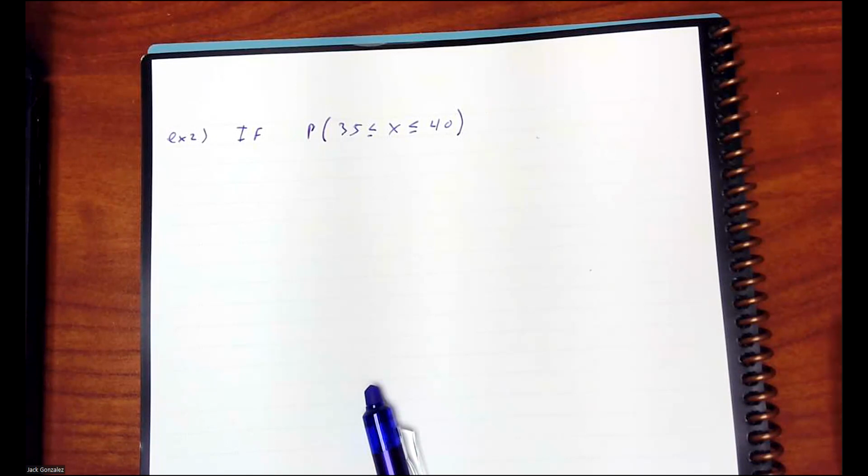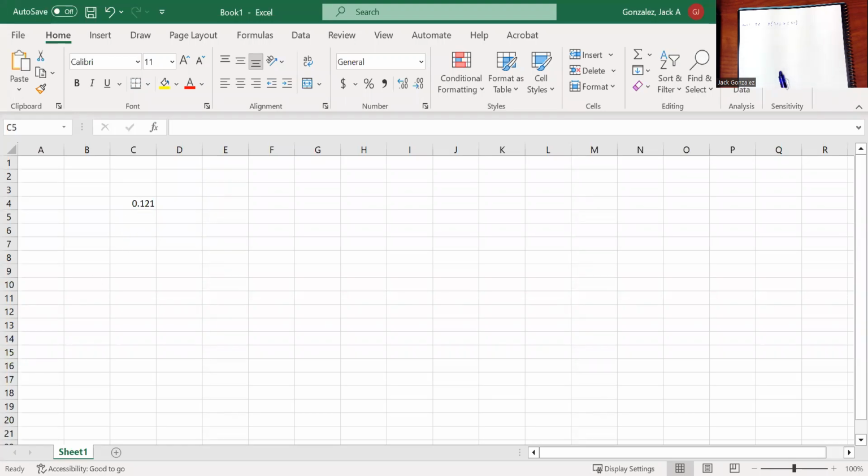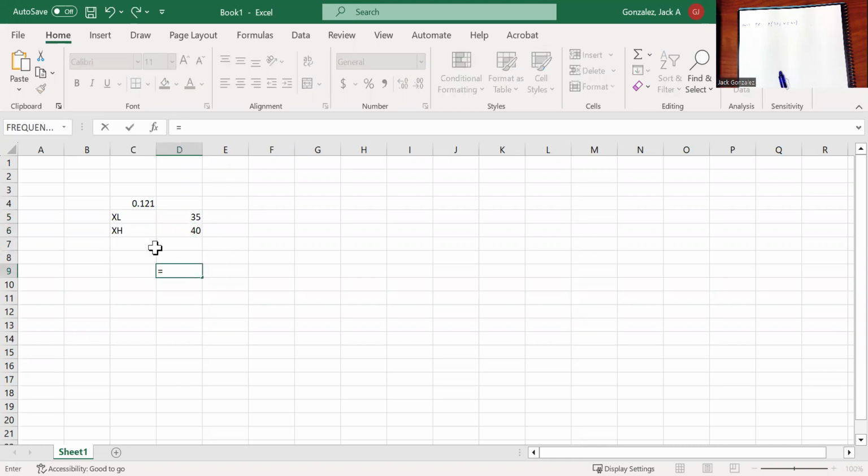Okay, so the lower x, let's call it XL, the lower one, is 35. The higher one is 40.